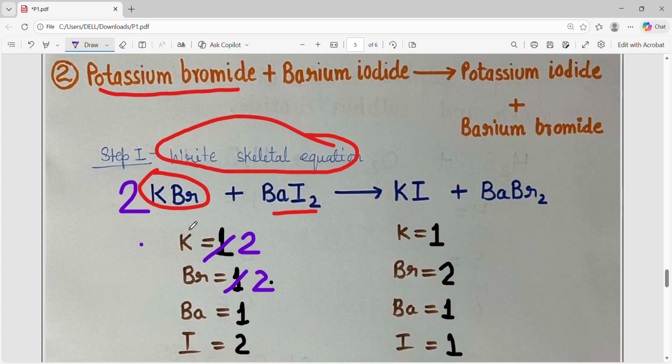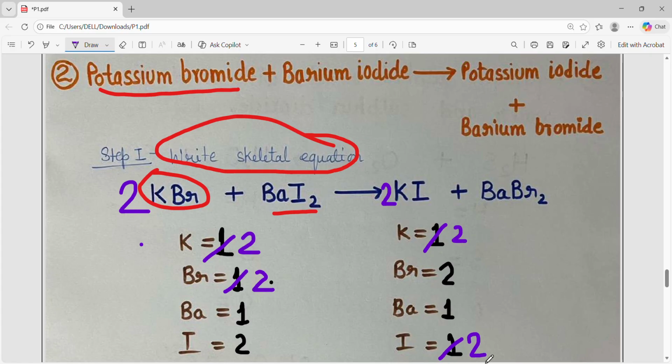If you have changed the potassium number on this side, this side also needs to be changed. You just put 2 in front of KI, which changes the count of potassium and also iodine. So iodine will become 2.